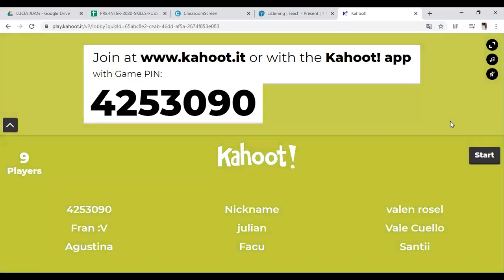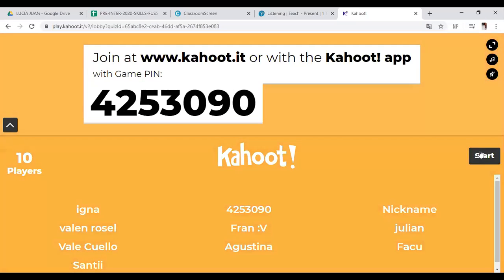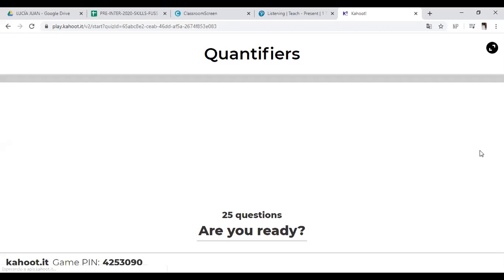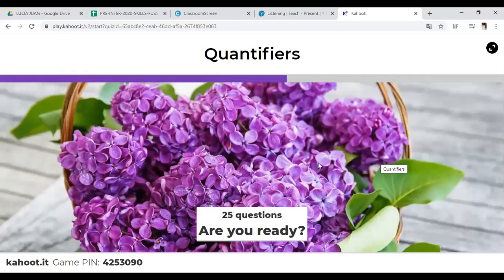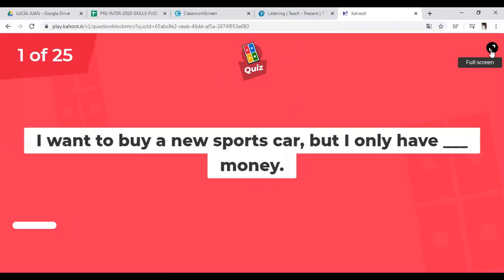Ready? No me anda muy bien el wifi, entonces no puedo. Don't worry, no pasa nada. Oh, alguien se nos bajó. Ahí está. Go. Let's start.